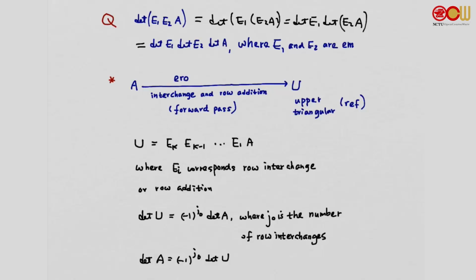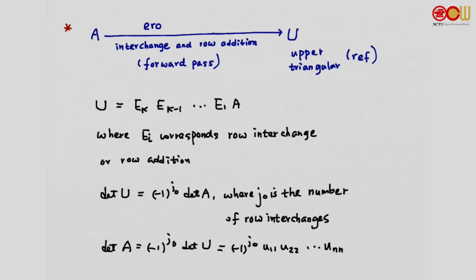We can do Gaussian elimination, only the forward pass, to get the upper triangular matrix, the row echelon form. Because this row echelon form is upper triangular, its determinant is very easy to compute. It's simply the product of the diagonal elements, and determinant A can be computed this way. Determinant A is equal to (-1)^j0 times U11, U22, all the way to Unn.